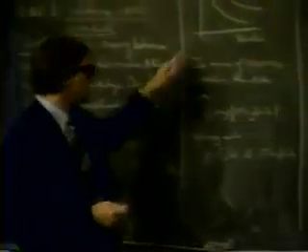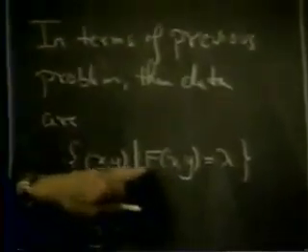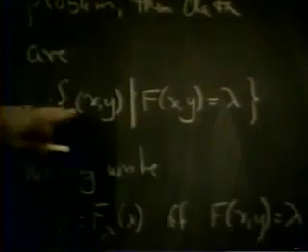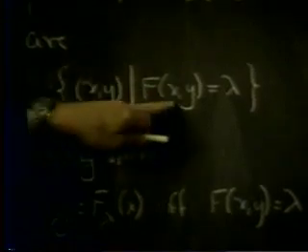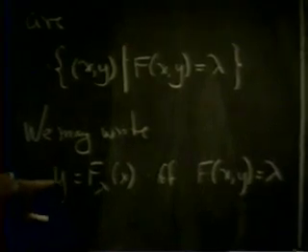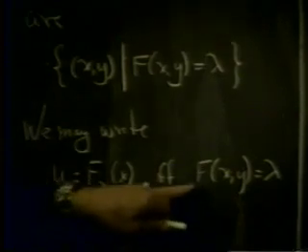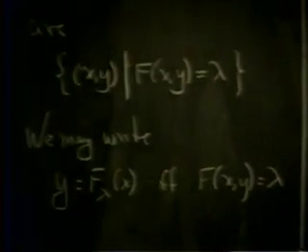In terms of the previous numerical representation capital F of x and y, where f represents a numerical dependent variable, what we have available is the set of pairs x, y such that F of x, y is a constant. Or we may rewrite this in the form of expressing y as a function f sub lambda of x whenever F of x, y equals lambda, and the indifference curves are of this character.